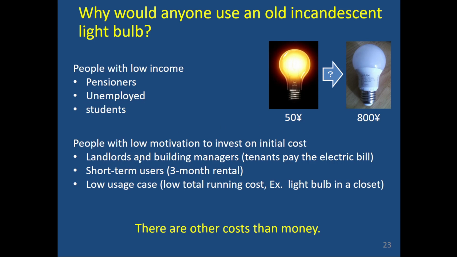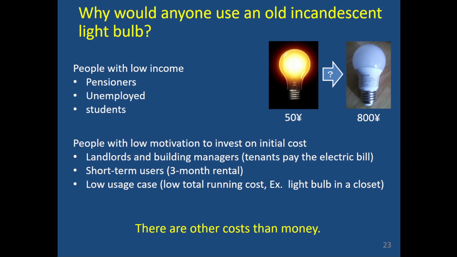And a much bigger issue we'll talk about maybe in future lessons is the landlord and building managers versus the tenants. So who owns the building, who pays for the light bulb, and who pays for the electricity. In many cases, and this is not just light bulbs, landlords and building managers will initially give you the cheapest light bulb.